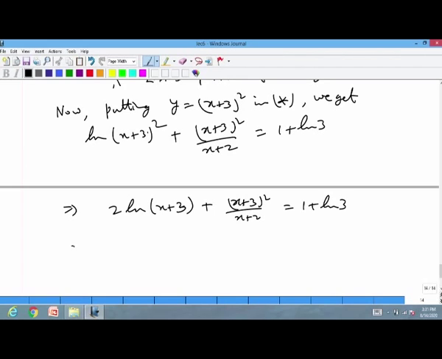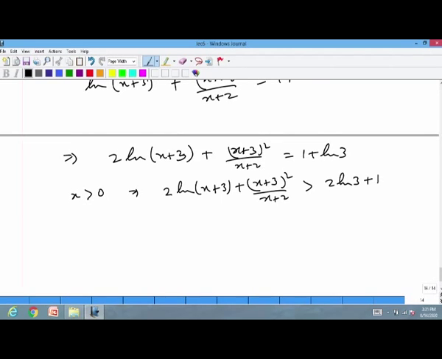Now, again, since x is bigger than 0, the first term is bigger than 2 log 3, and (x+3)^2/(x+2) is clearly bigger than 1, because x+3 is bigger than x+2. So, again, therefore, this is not possible.